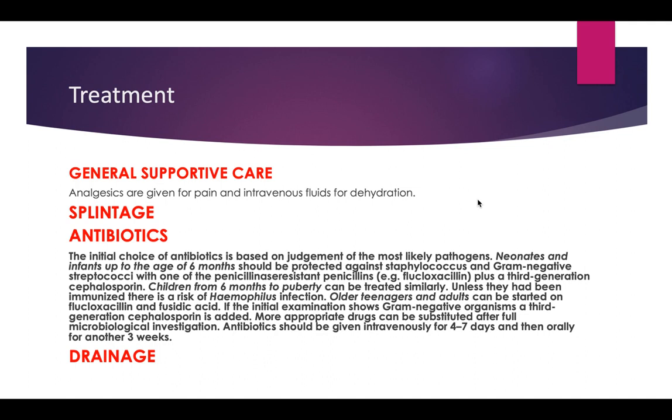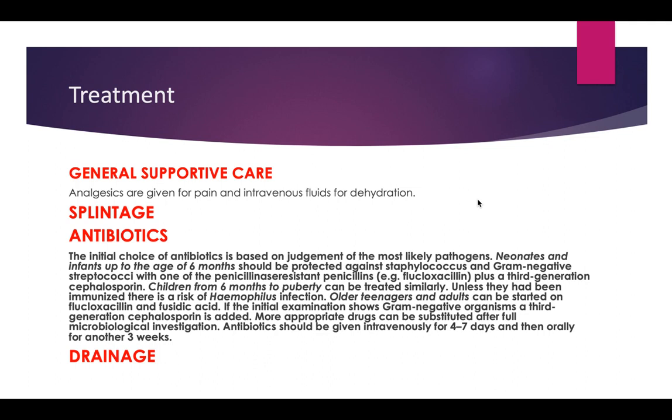Antibiotics: we take a sample for our investigation, we do aspiration of the joint, we send for culture and sensitivity, and then we start empirical antibiotic management. The initial choice of antibiotic is based on judgment.